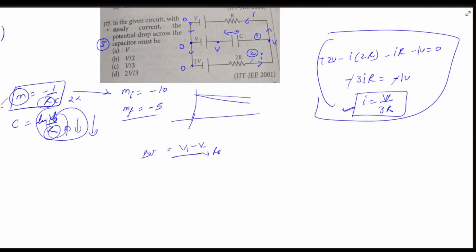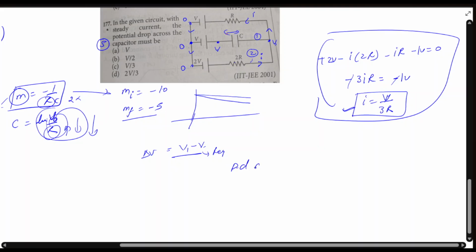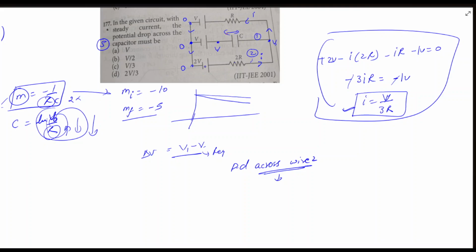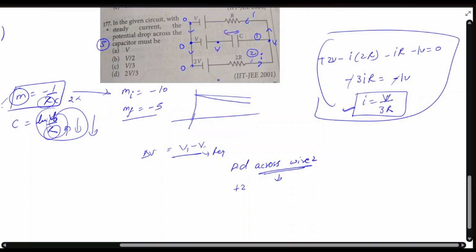Now we know this wire is at a potential V1, V1 minus 0, and this wire must be at the same potential. So let's find the potential difference across wire 2. Let's start with this. So it will be plus 2, right?